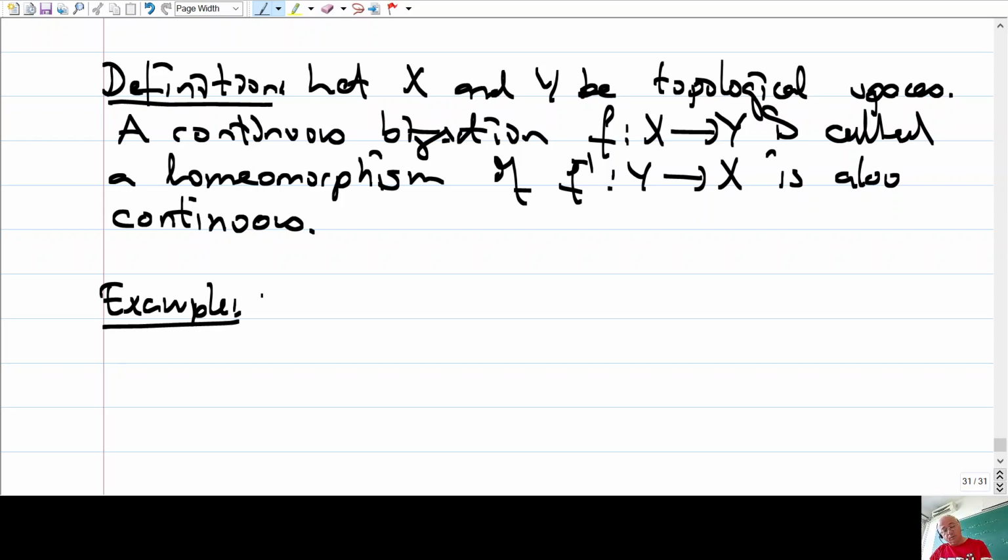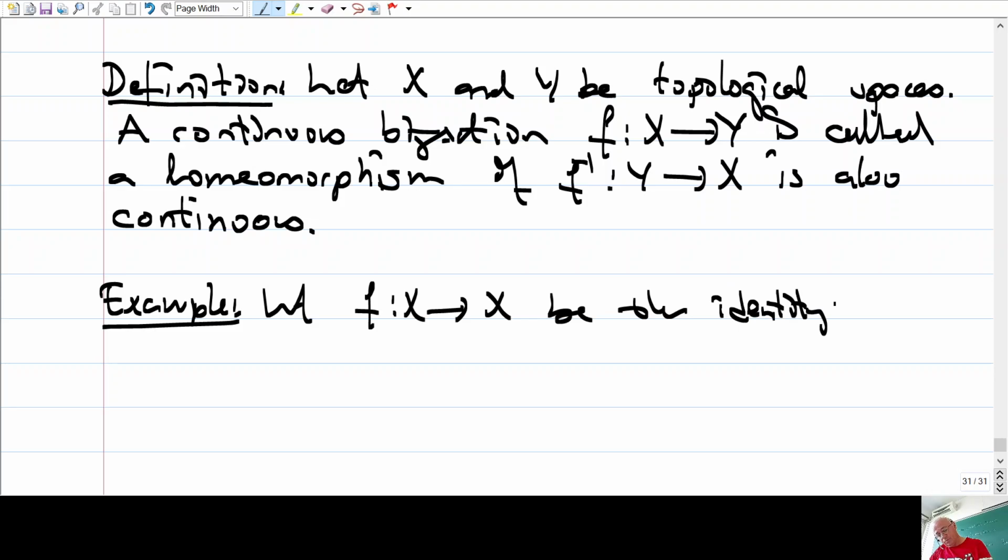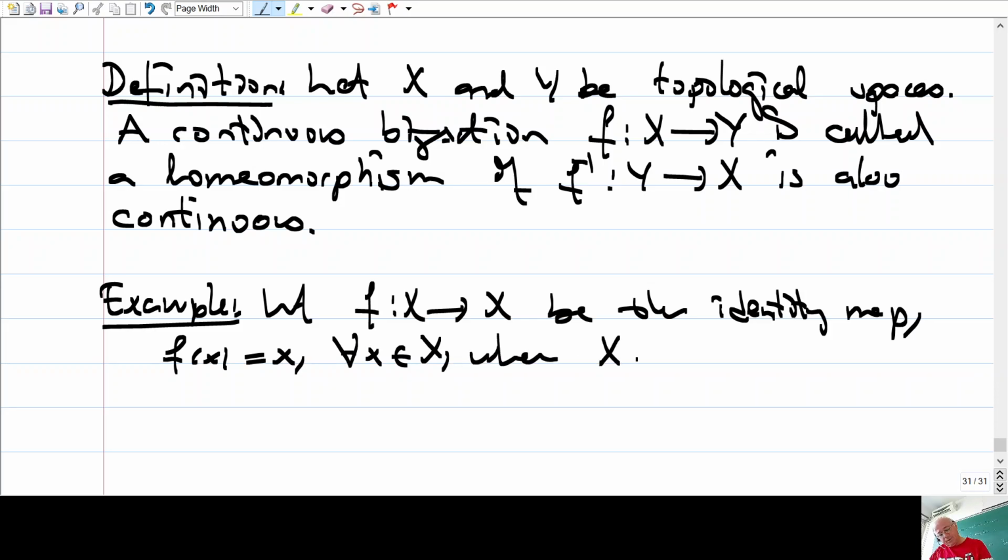So let f be the identity map. Identity map. That is, f of x equals x for all x in X, where X is the topological space. Let X be {a, b}.